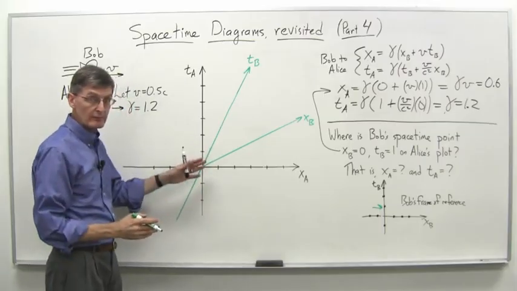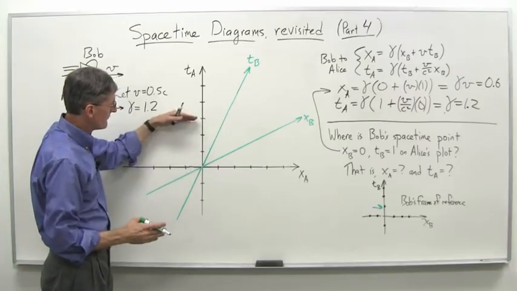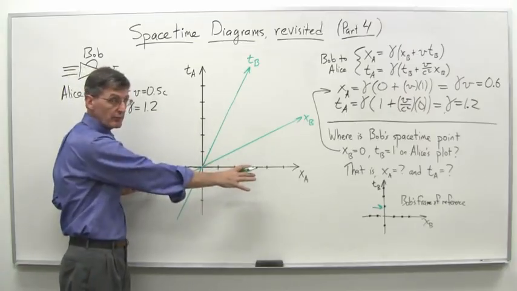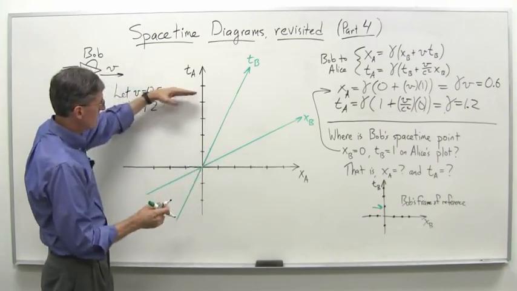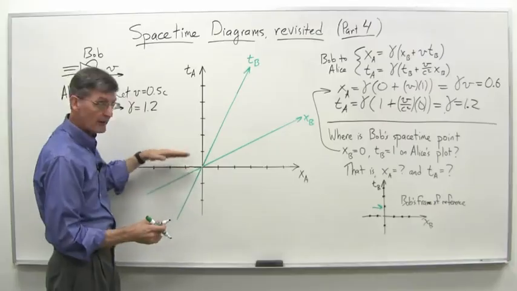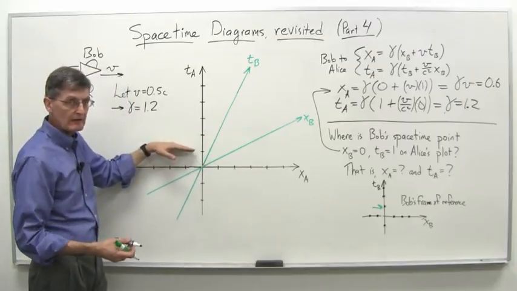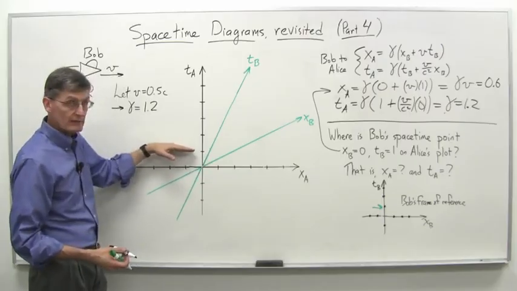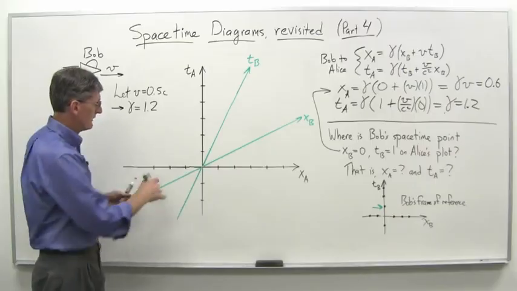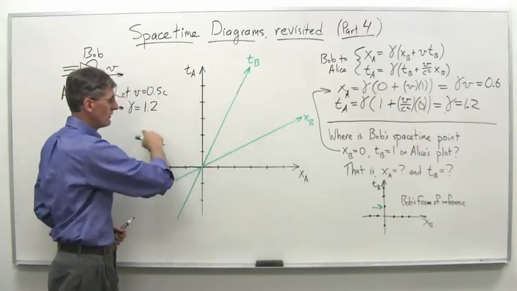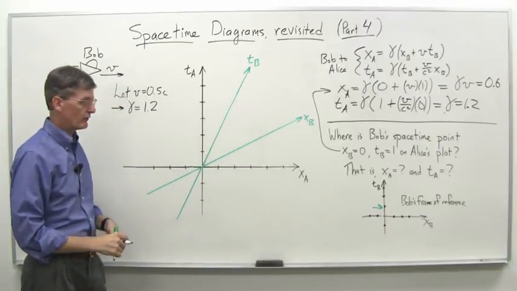Now, when I'm putting tick marks on here, remember, tick marks need to be parallel to the appropriate axis. So all the tick marks here for t are parallel to the x-axis, because really these represent mini lines of simultaneity, right? All along there is a line of simultaneity for t sub a equals 1, t sub a equals 2, t sub a equals 3, and so on and so forth.